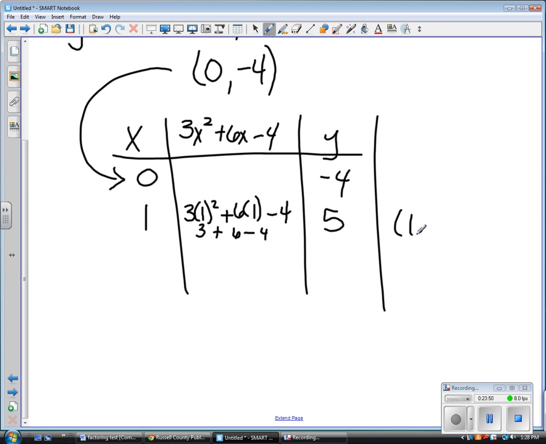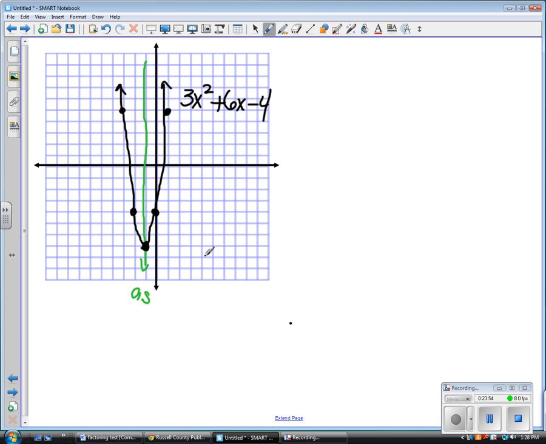So my point was 1, 5. On my graph, I put a point on 1, 5. And because I know this is 2 away from the axis of symmetry, I also have a point 2 this way. So that's where this point comes from.